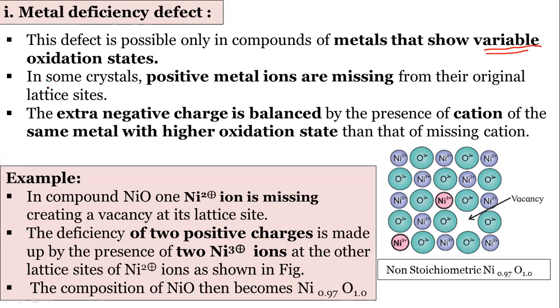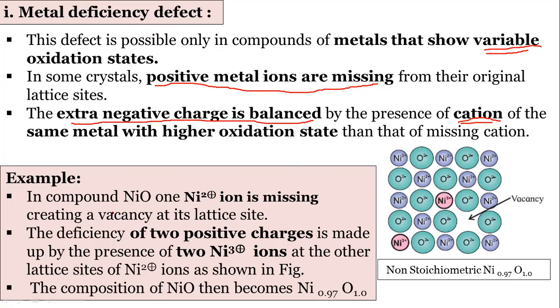Then the second condition: in some crystals, positive metal ions are missing from their original crystal lattice. So what will happen? The extra negative charge is balanced. This is a very, very important sentence: the extra negative charge is balanced by the presence of a cation of the same metal with a higher oxidation state than the missing cation. After this example, you can understand this metal deficiency defect.